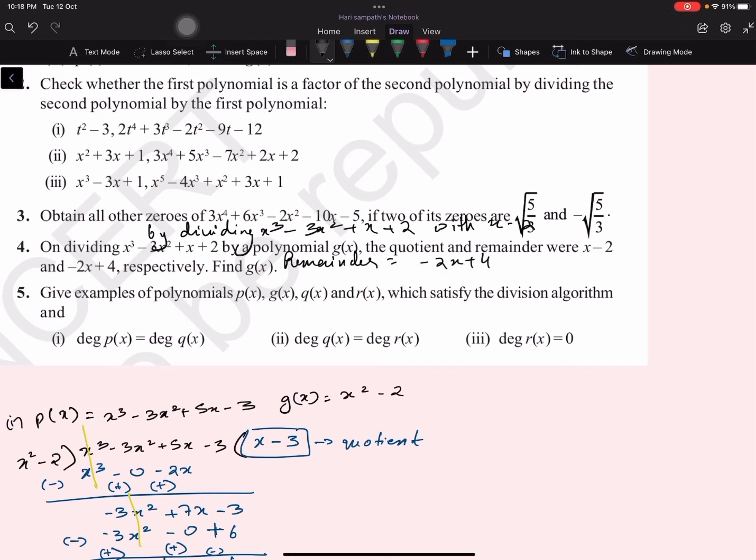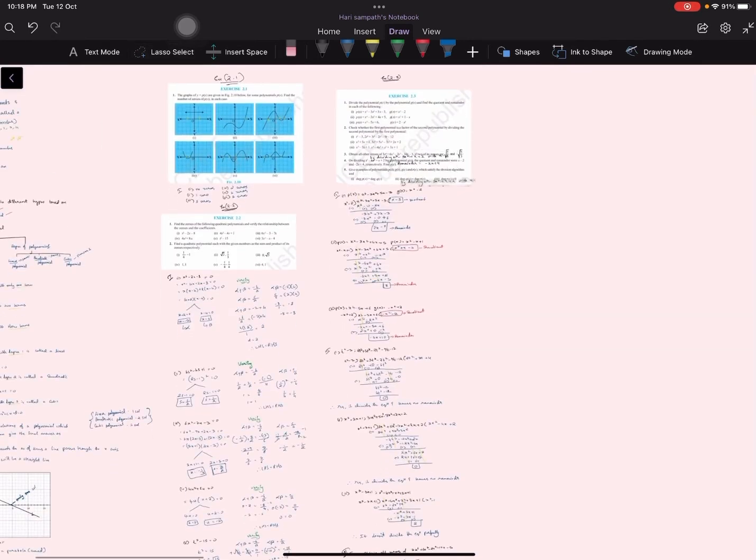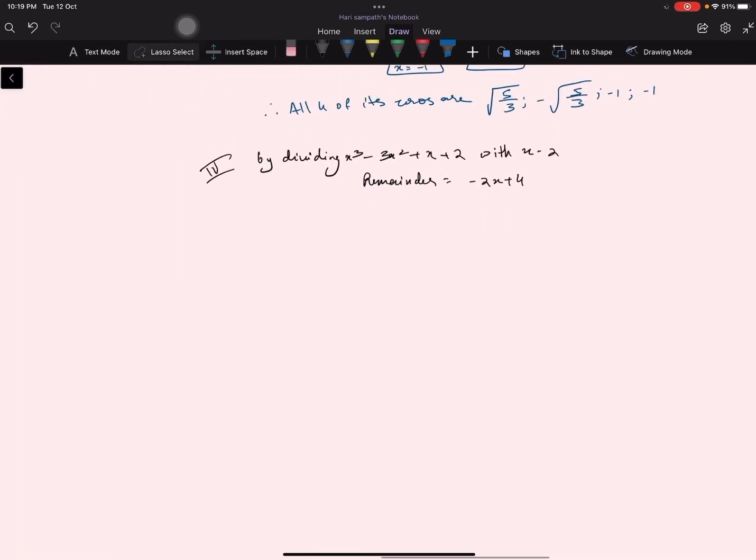So we have to find the g of x. We have to find the divisor, the one that divided this equation. I'm gonna get it all the way down here. So by dividing this, we get this.